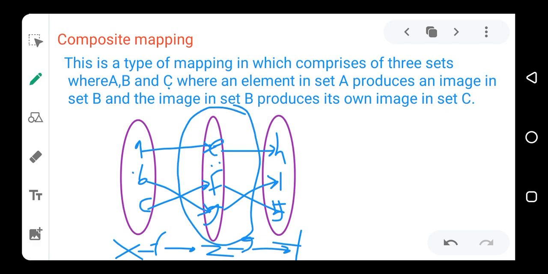It collects an image and converts it to an ordinary element and uses it to produce another image in the second codomain. So this is what we call composite mapping. It usually involves more than 2 sets, whereby there is a transmission of image. In composite mapping, there is a transmission of image from one codomain to another codomain.